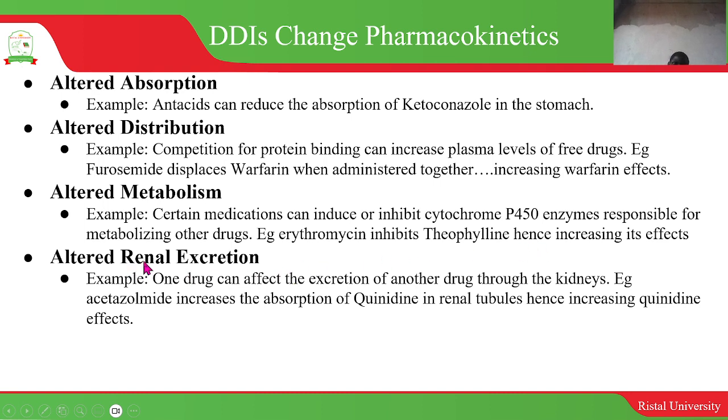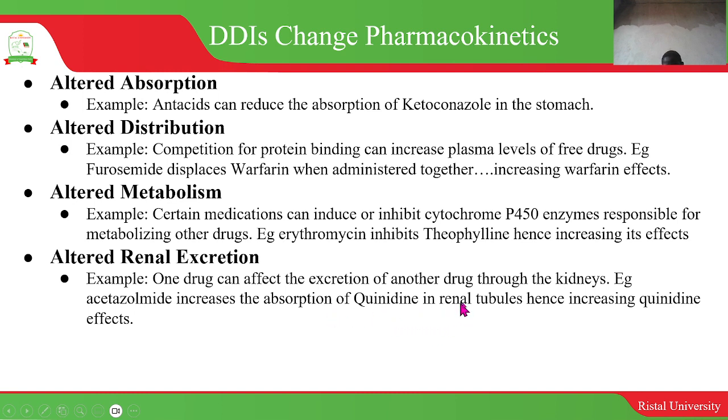Again, let's look at renal excretion. The example we are seeing here is that the drug acetazolamide increases the absorption of quinidine. Quinidine is another drug that's used in cardiac arrhythmias.